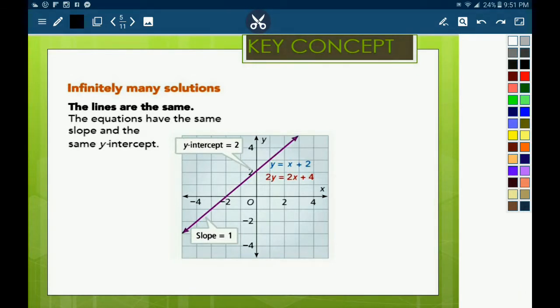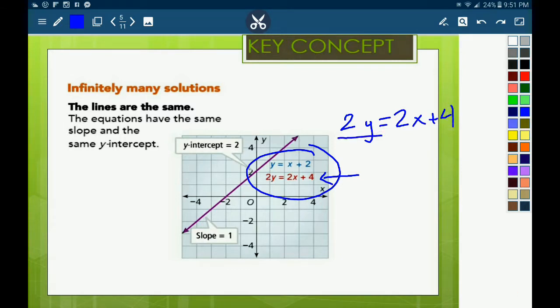What you're going to get is a system where the equations look different, but if we take a look at this equation right here, 2y equals 2x plus 4, if we divide everything that we see by 2, because all of these numbers, the 2 that we see here, the 2 that we see there, and the 4 that we see there, they're all divisible by 2.